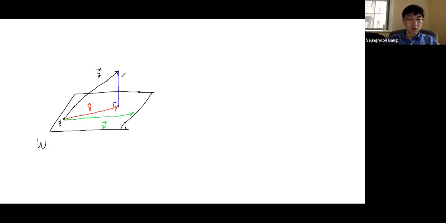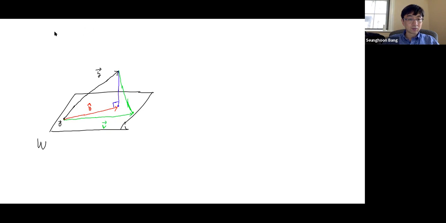You can connect this to here and make a triangle.